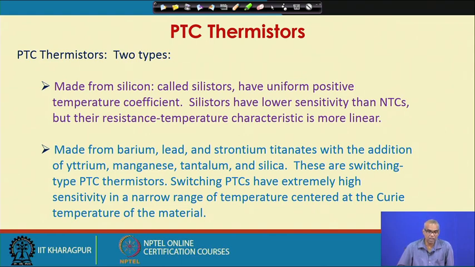These are switching type PTC thermistors. Switching PTCs have extremely high sensitivity in a narrow range of temperature centered at the Curie temperature of the material. The PTC thermistors find applications in self-regulated heaters, overload protections and also in introducing delays.